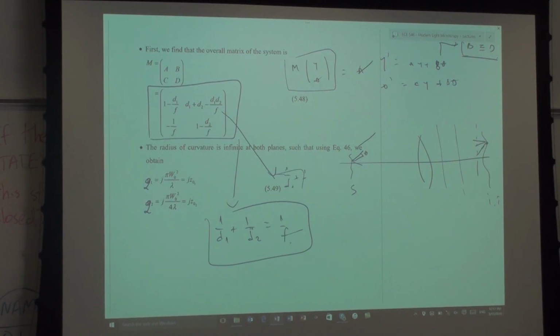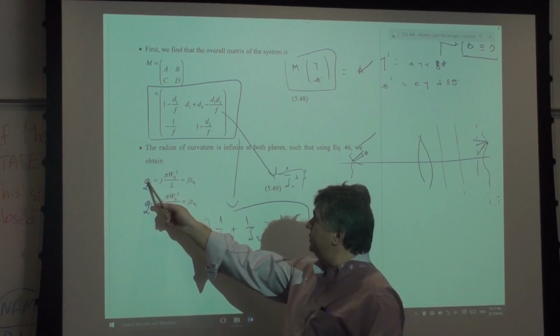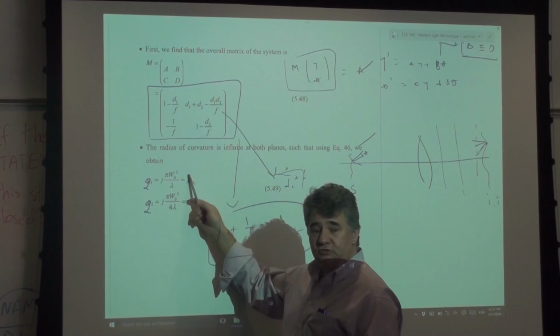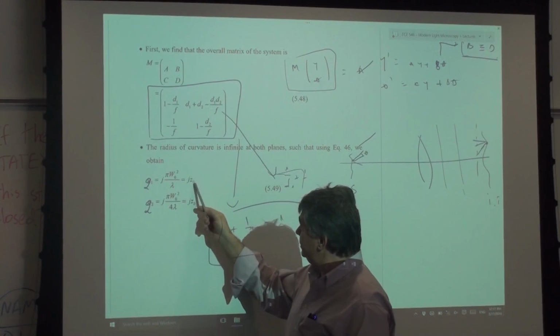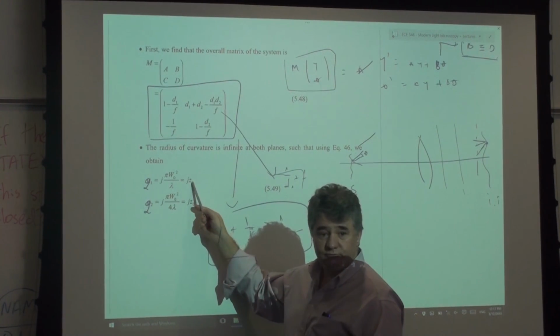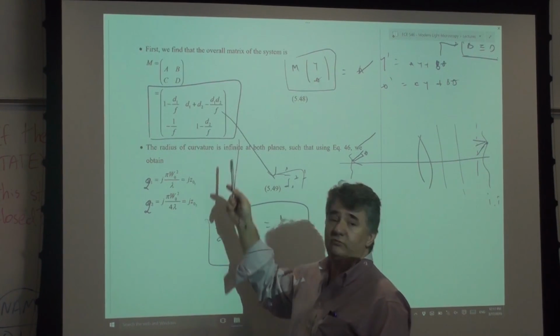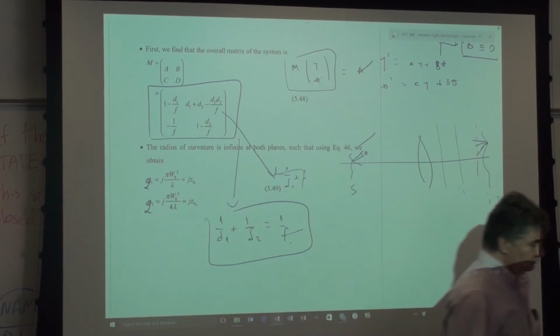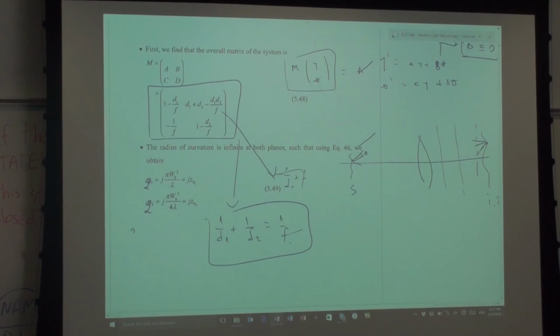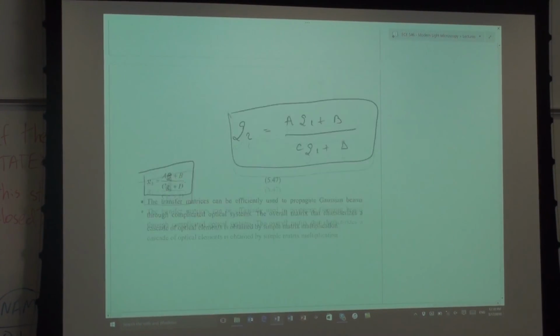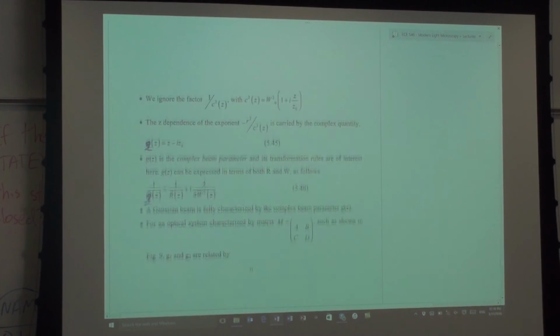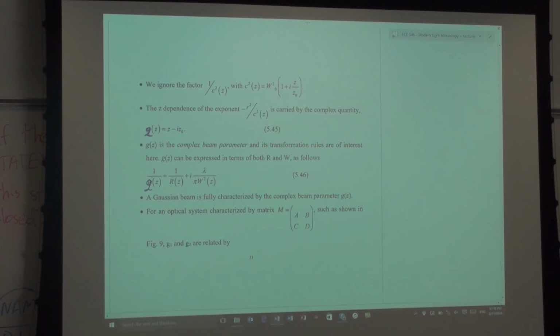So when I calculate the Q, 1 over Q equals 1 over R minus I over Z naught, isn't it?